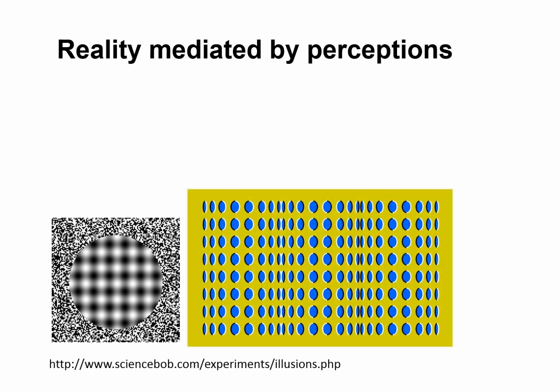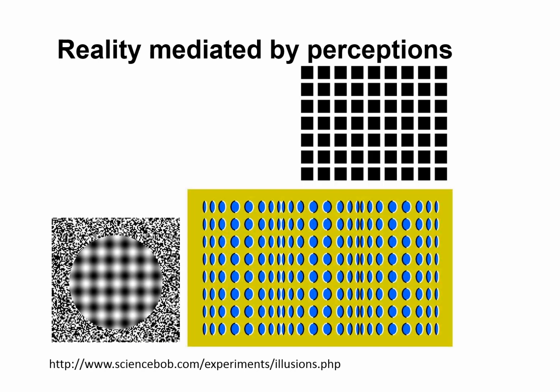So now we know, just because we think it's moving, it's not necessarily moving. So this is the difference between perceiving something and something being reality. We can add one more here. You should be able to see dark black squares and light gray circles. Interestingly, those light gray circles are not there. Those are created by your brain.